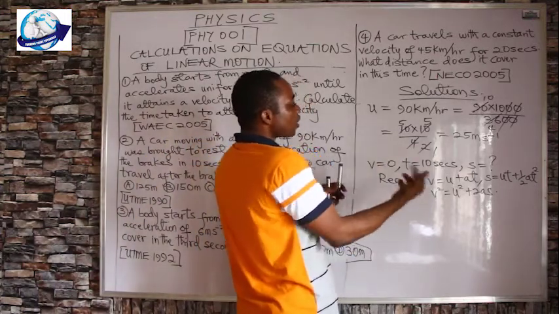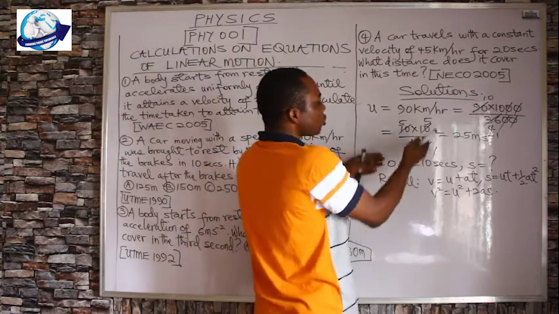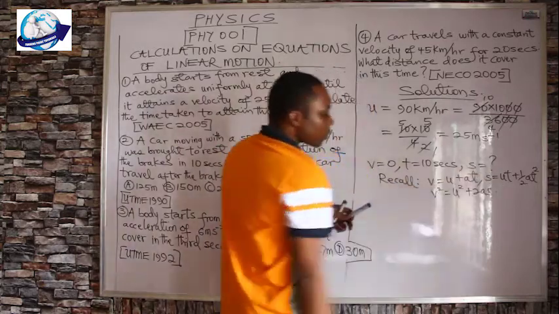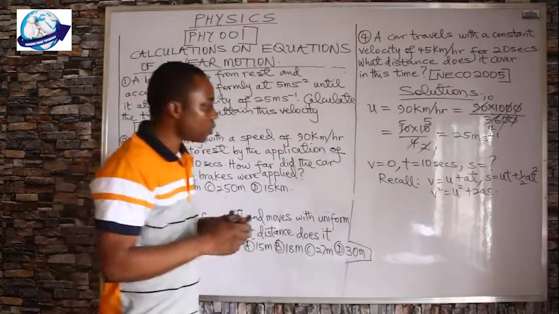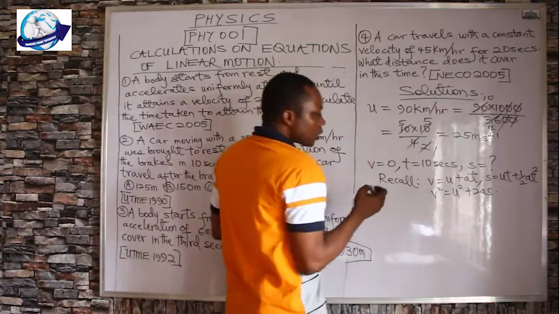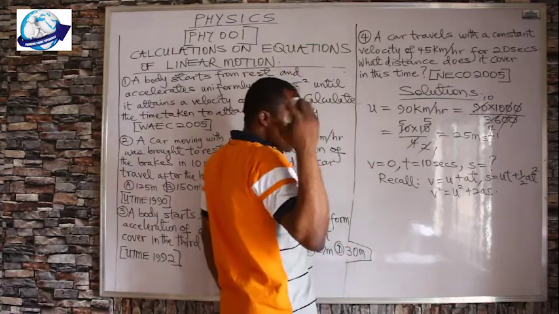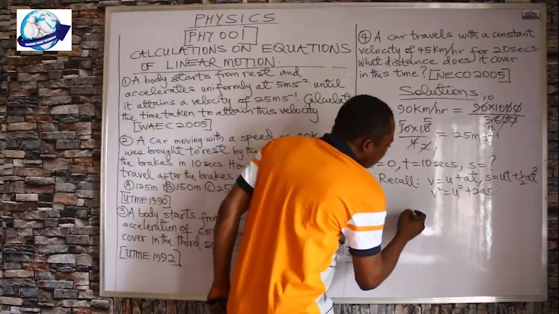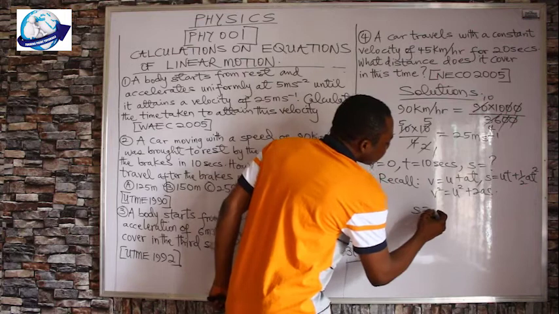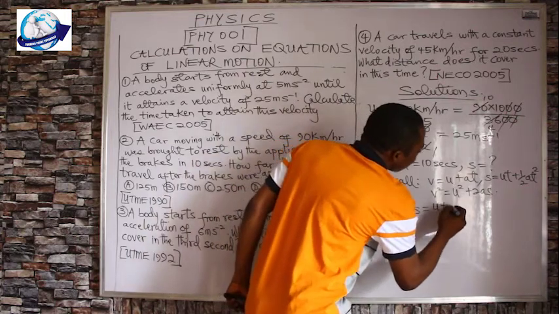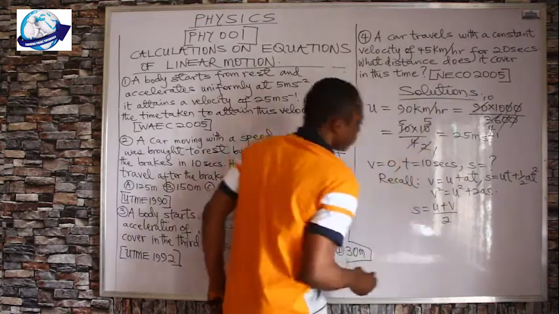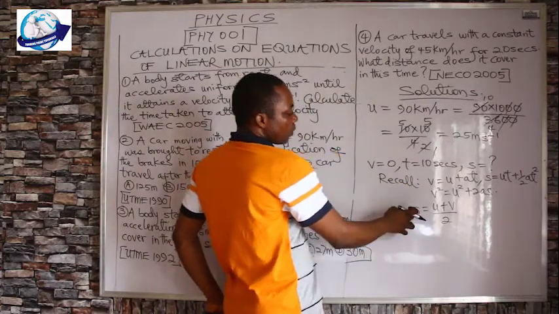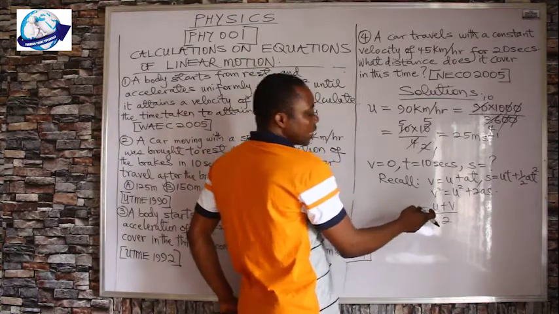Then after that, you make use of any of the formulas that matches with the parameters to get the answer. But if you don't want to go through this method, then you use the other way around, which is, what's that now? Remember I said before that in previous classes we had a kind of derivation, and that's distance S is equal to U plus V all over 2 times time.